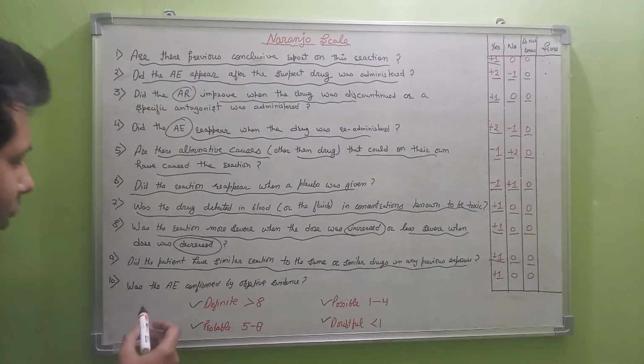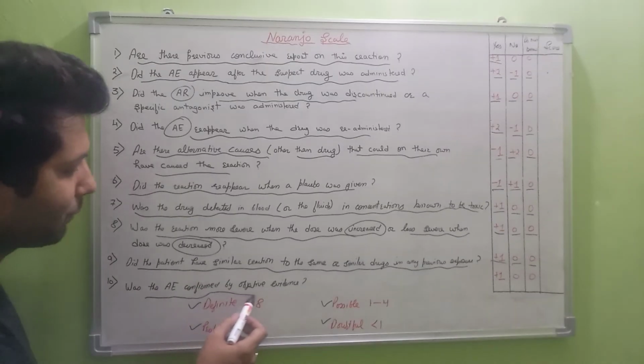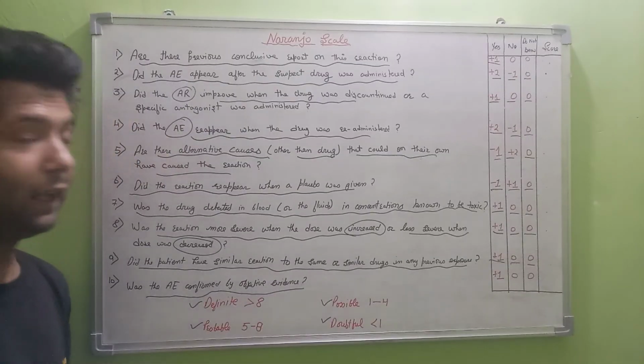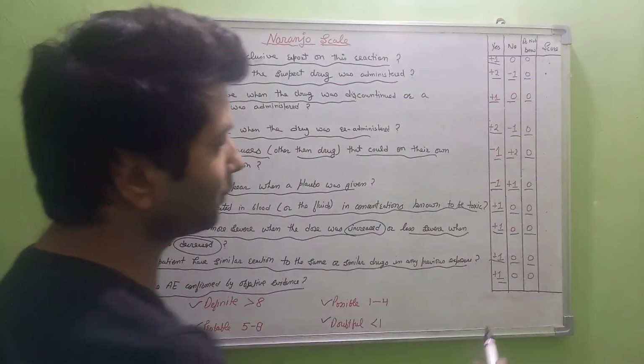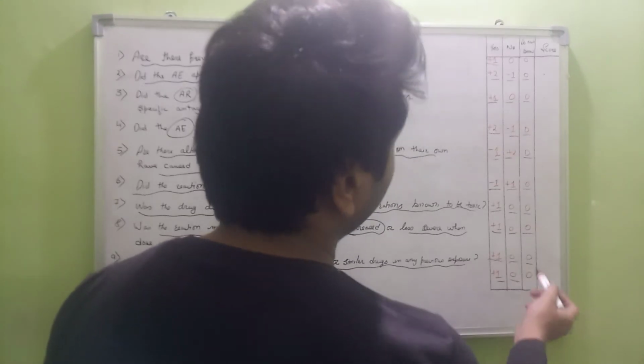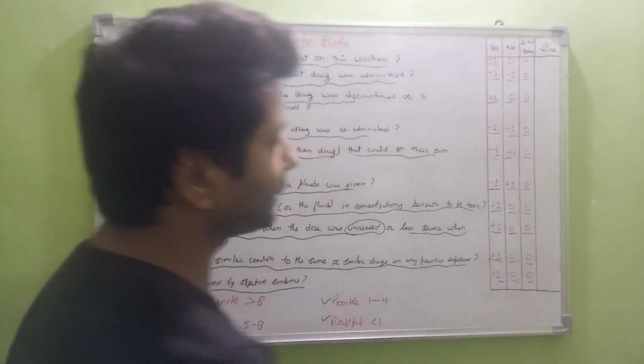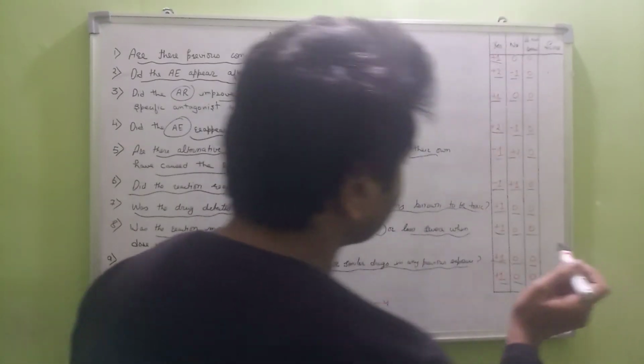Next is, was the adverse event confirmed by objective evidence? If it is yes, we will capture +1 here. If it is no, then we will capture 0. And if we do not know, we will capture 0 and we will put the total score here.